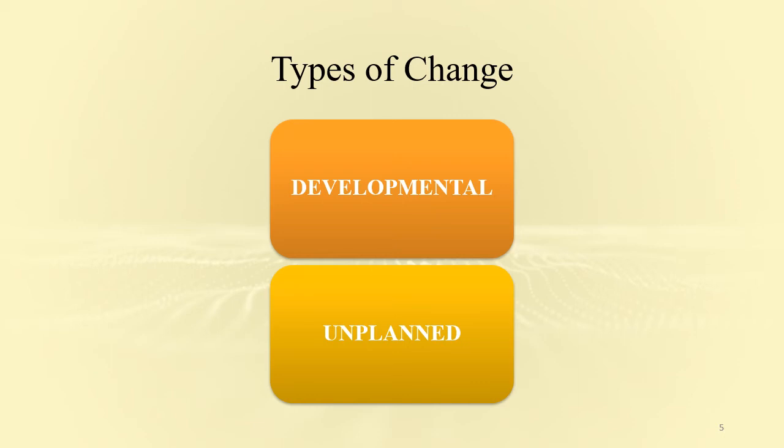Then we have unplanned change, which there can be two types, which would be forced change. Usually an emergent situation is occurring to cause this change. It might be some kind of disaster situation.